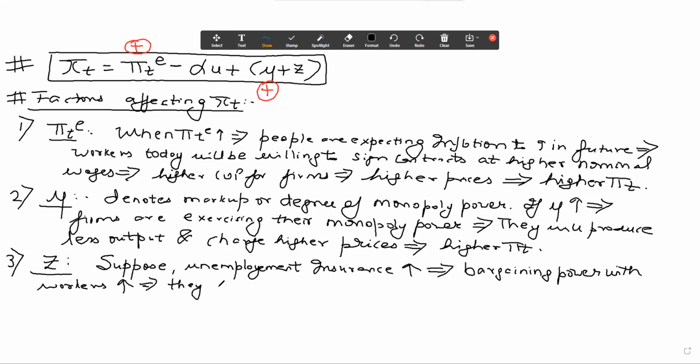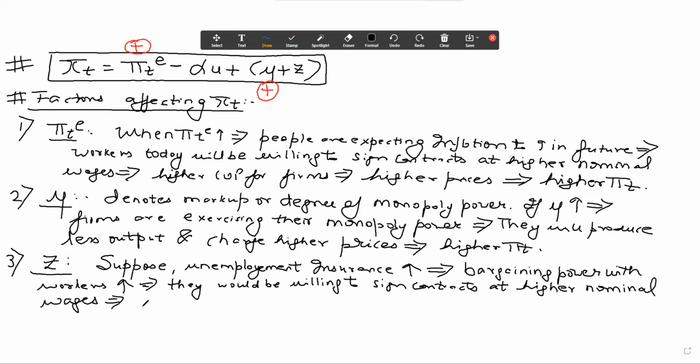They would be willing to sign contracts at higher nominal wages, which implies higher cost of production for the firms, which implies higher prices, and higher prices will imply higher inflation.